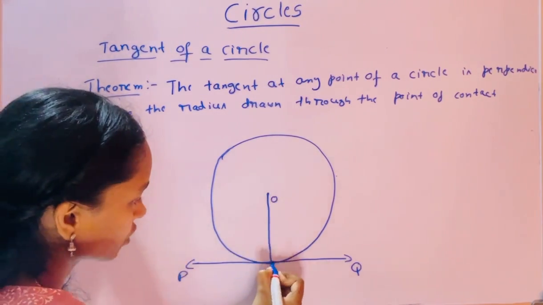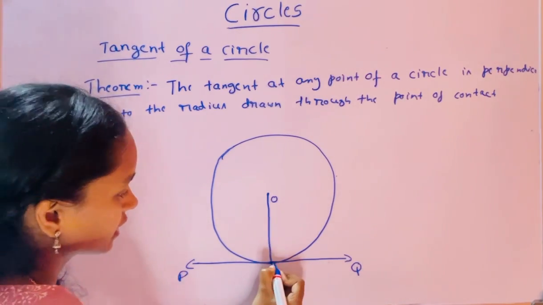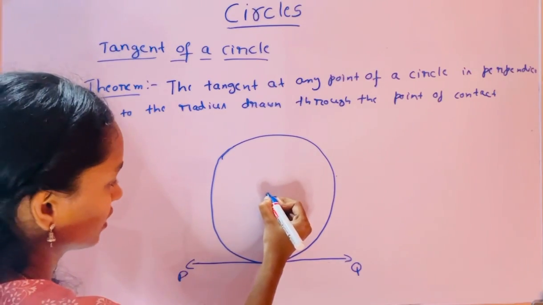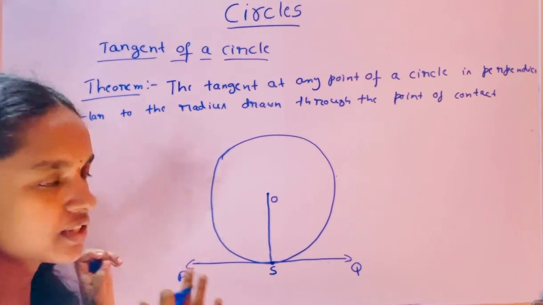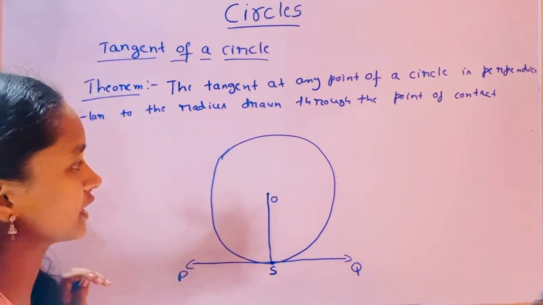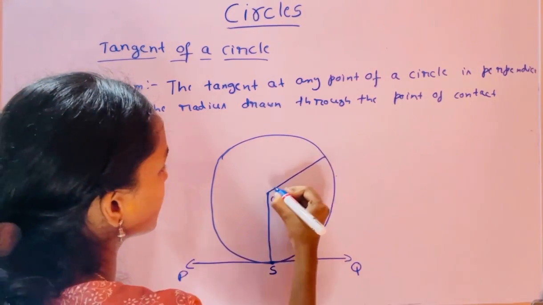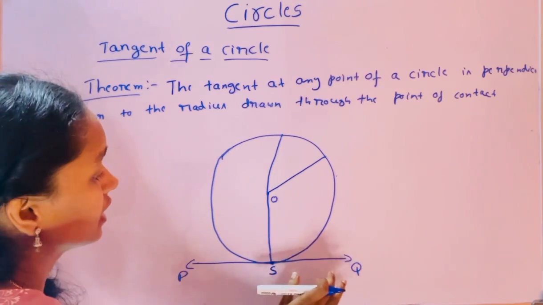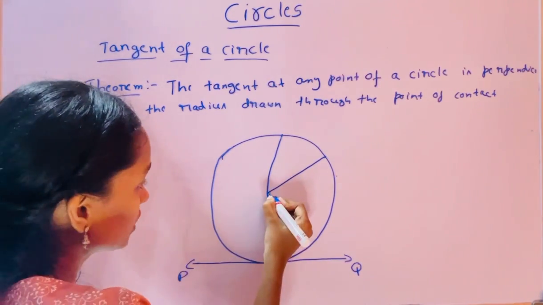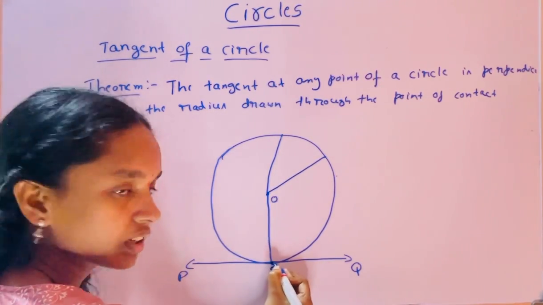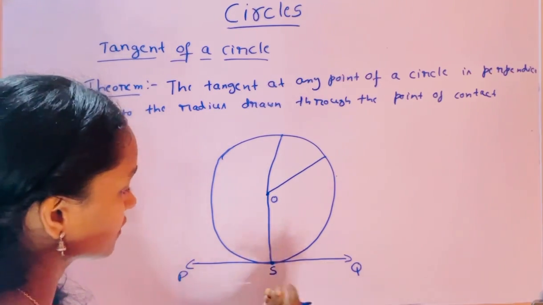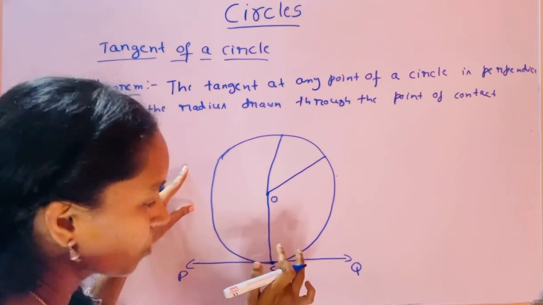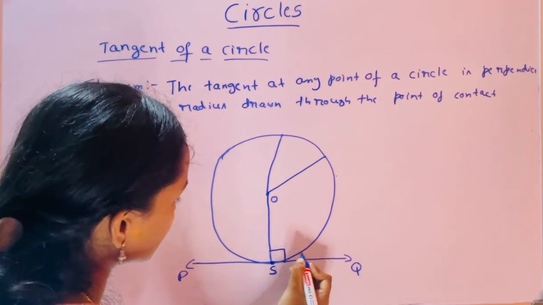This is the radius drawn through this point of contact. Let this point of contact be S. For a circle we have many radii, but this tangent is perpendicular to the radius drawn through the point of contact. That is, we have to prove PQ is perpendicular to OS, that is, it makes 90 degrees.